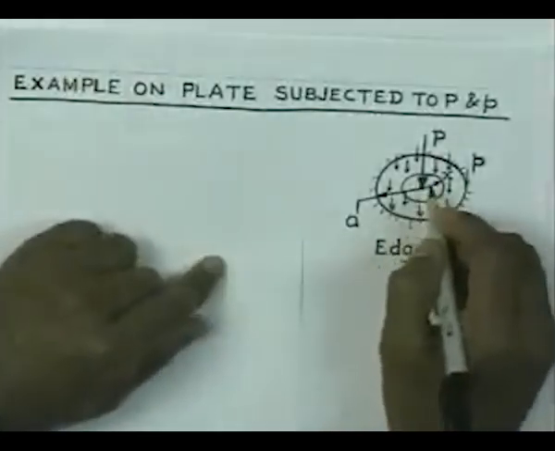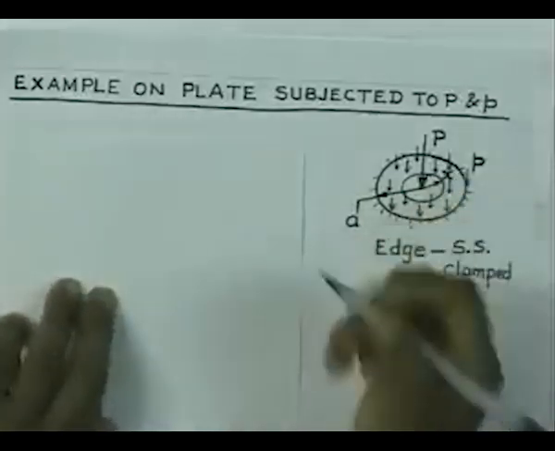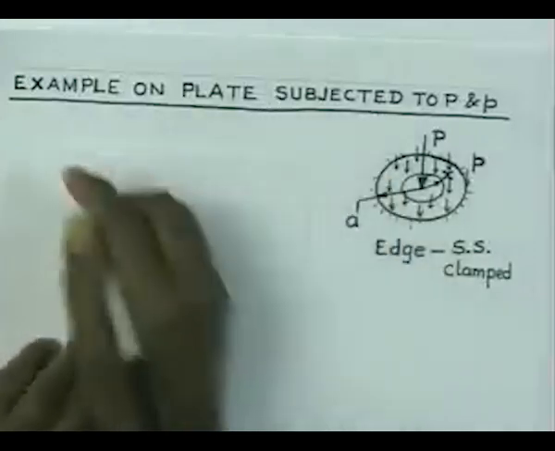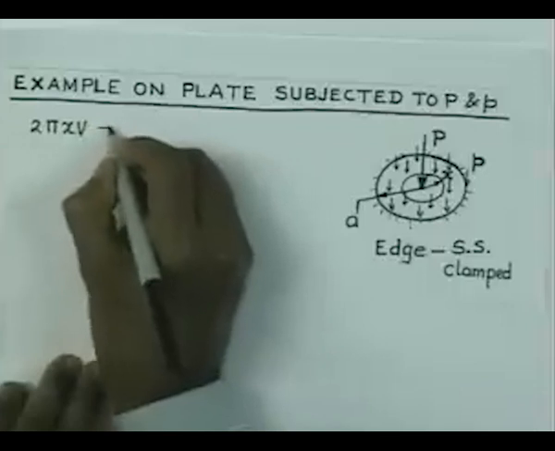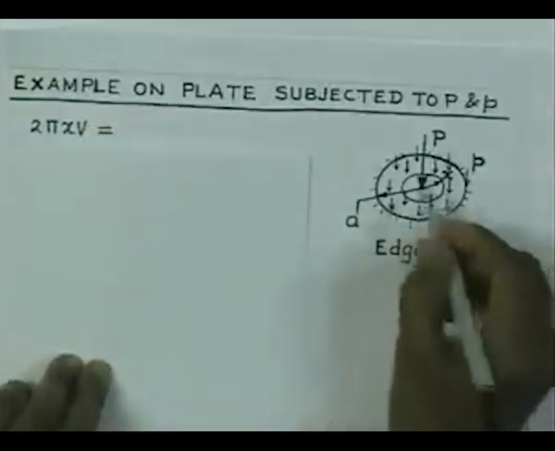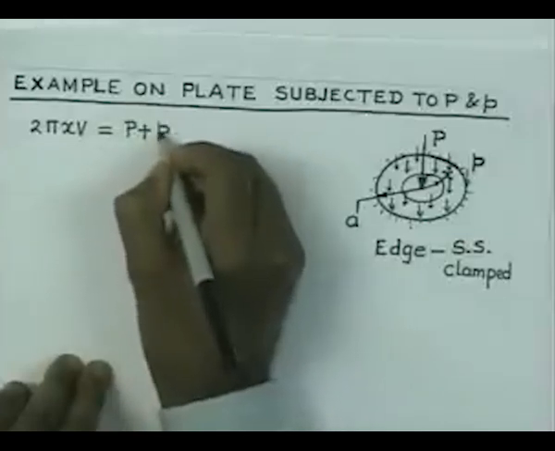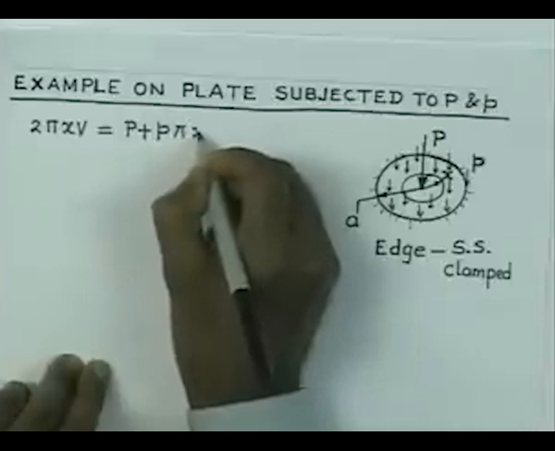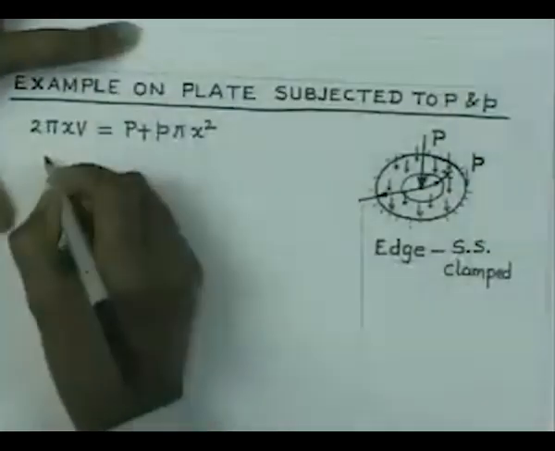If V is the shear force per unit length on this boundary, then we can write 2 pi x into V, which acts in the upward direction, and that is to be counterbalanced by P plus small p into pi x squared. That is the force balance, and this force balance is going to give us the value of the shear force per unit length that we need.